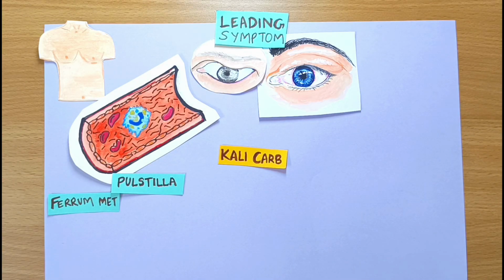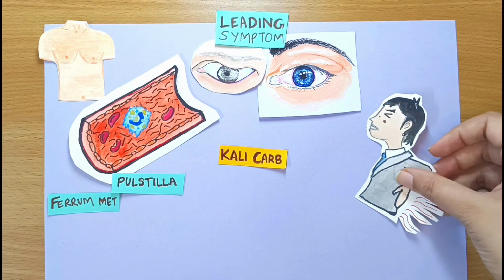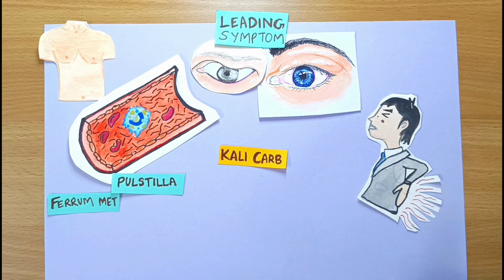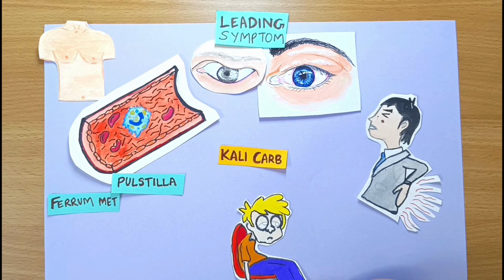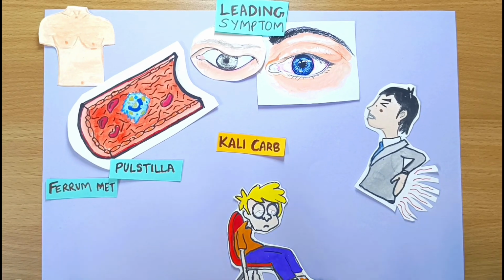Along with this, there is another very important symptom for Kali Carb, which is the backache. There is lameness, there is backache, in this remedy. Along with it, you also find a lot of profound weakness, and this weakness can be of two types, muscular as well as nervous weakness.